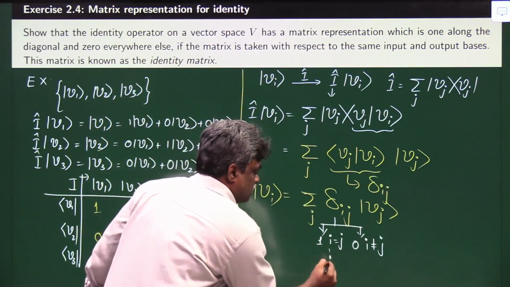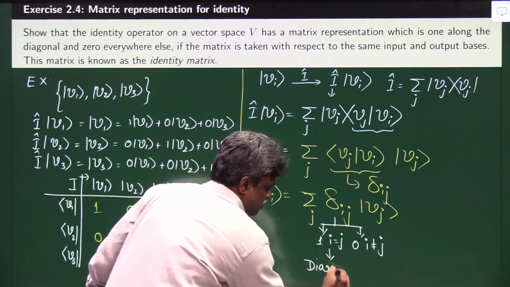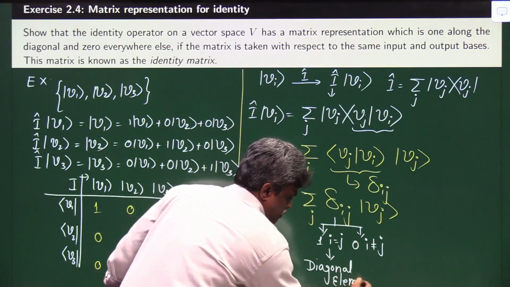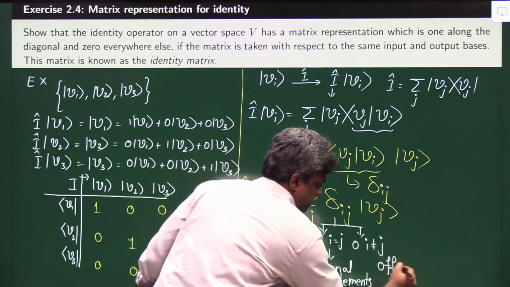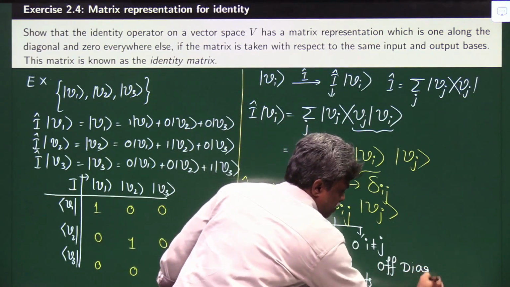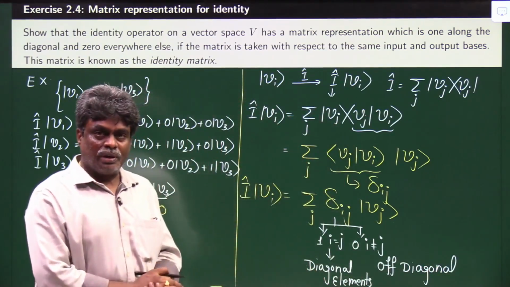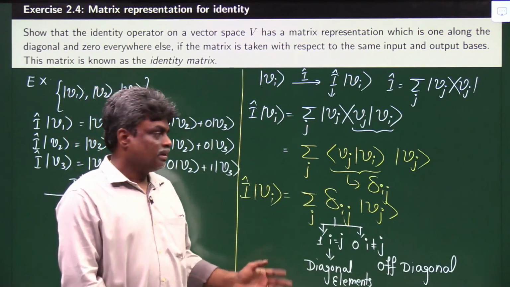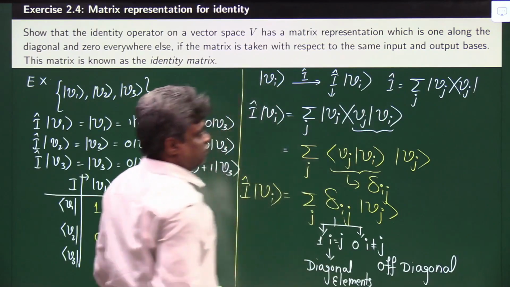And I not equal to j means off-diagonal elements. So all diagonal elements are equal to 1 and all off-diagonal elements are equal to 0. Like this we can do by using this completeness rule.